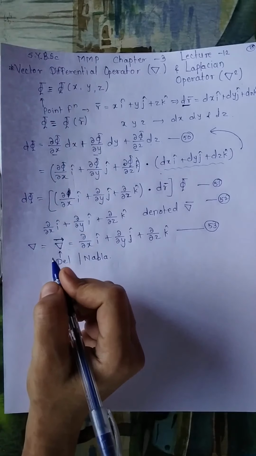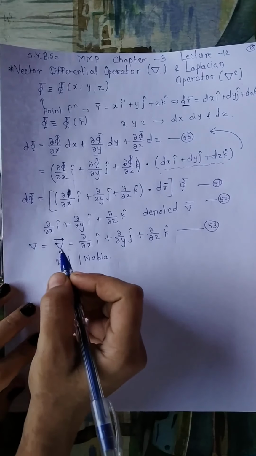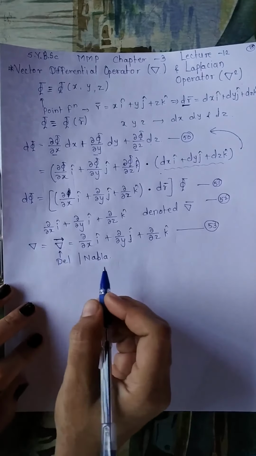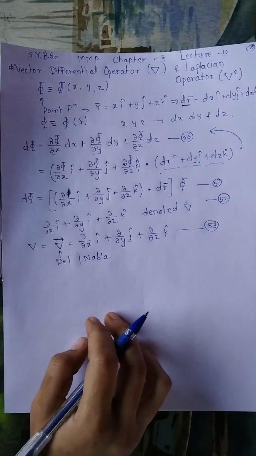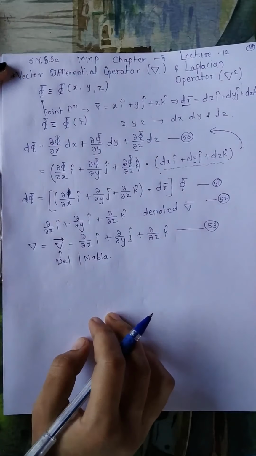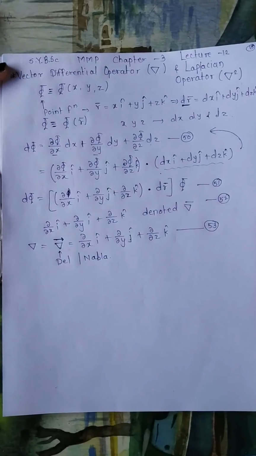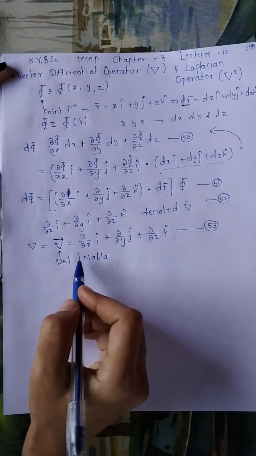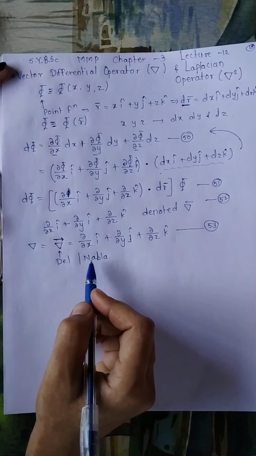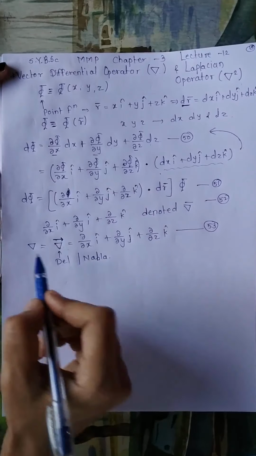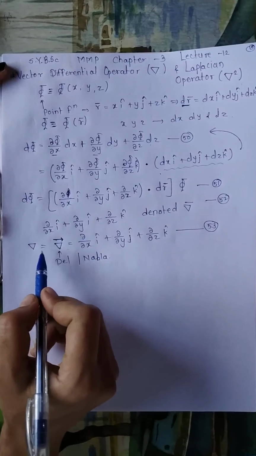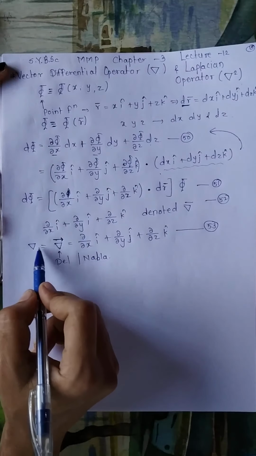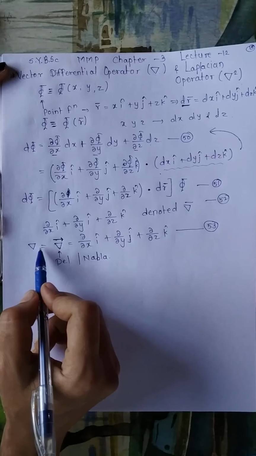For simplicity and convenience, we can write this as just del, and it is a vector operator. This vector operator has properties similar to an ordinary vector. The simple symbol del has no meaning unless it is acted upon by some function.